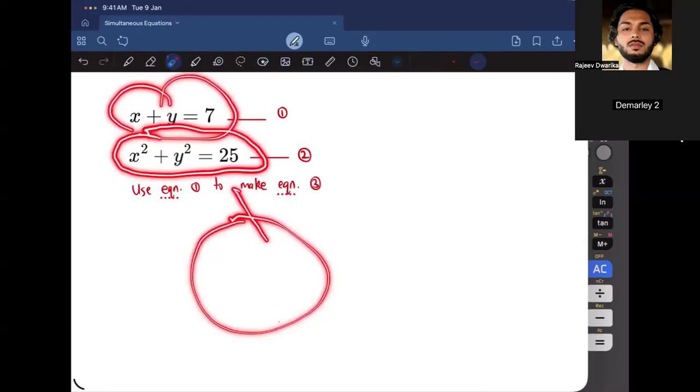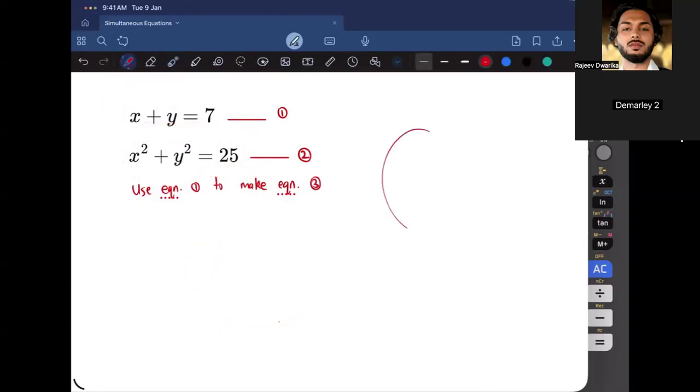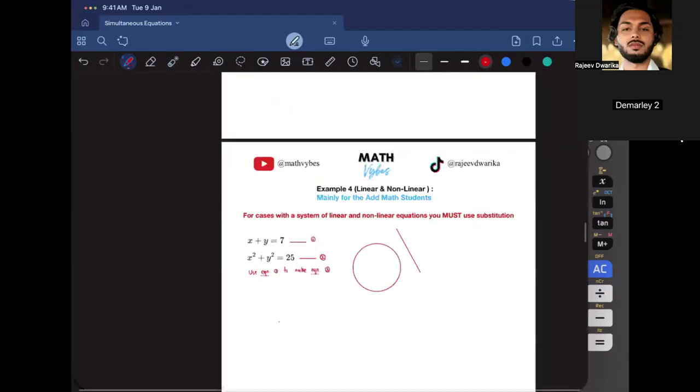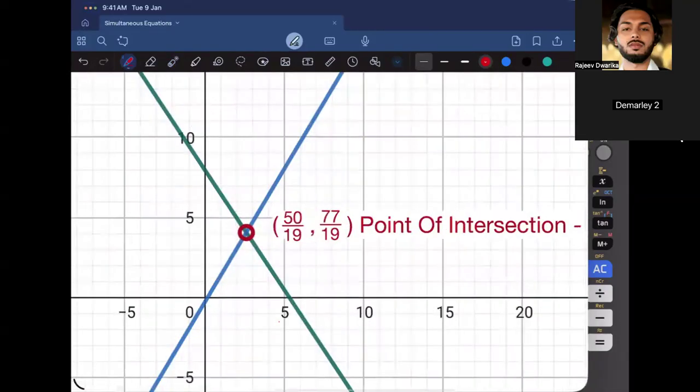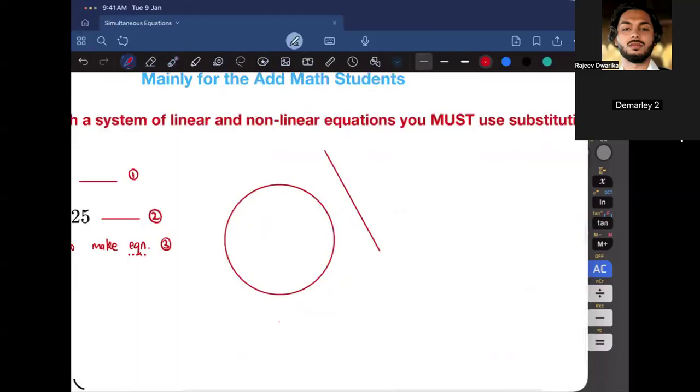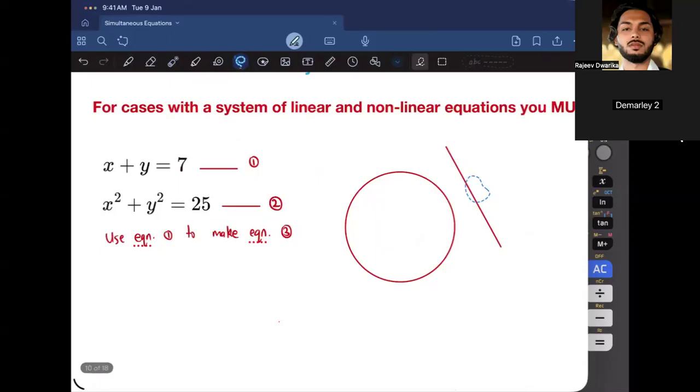If you have a line and a circle and you're trying to solve it graphically, you're looking for the points of intersection, where the graphs cut each other. So in this question, with a line and a circle, what is the most number of solutions I could have?